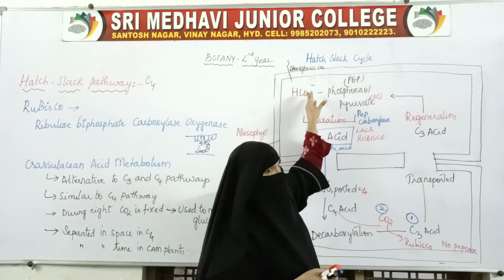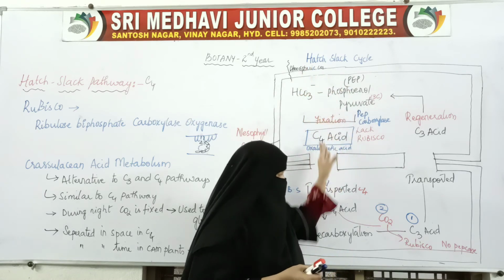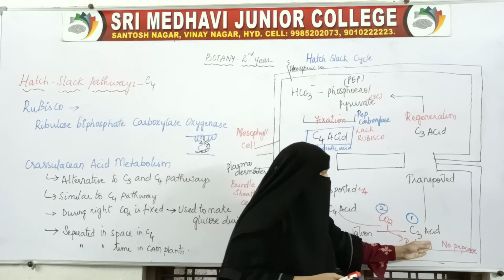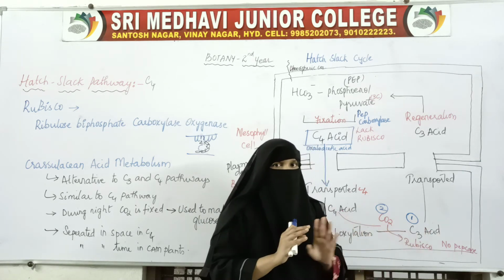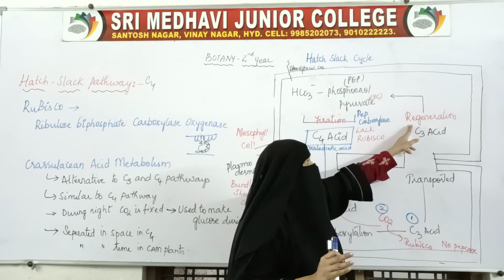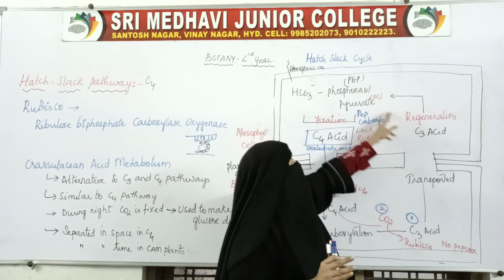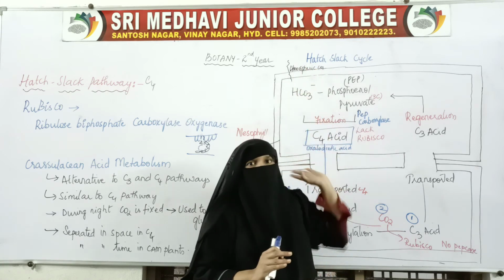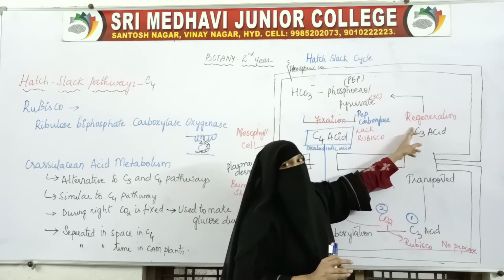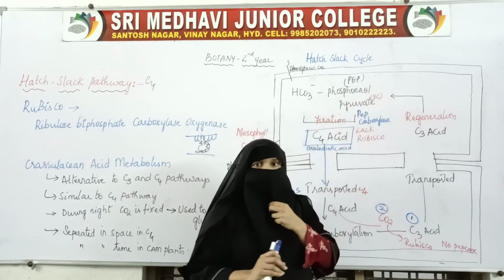It will receive carbon dioxide, make the acid, and transport it to the bundle sheath cell, where carbon dioxide will be released. Then again the C3 acid will be separated from the carbon dioxide and enter the mesophyll cell so that it can receive another carbon dioxide. So here the C3 acid helps in the regeneration of phosphoenol pyruvate.